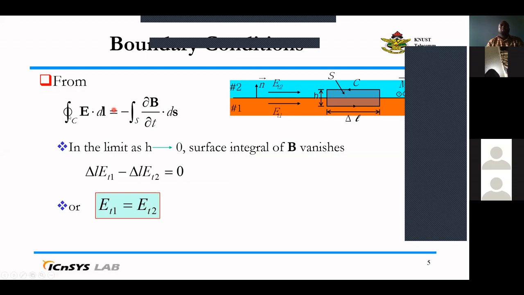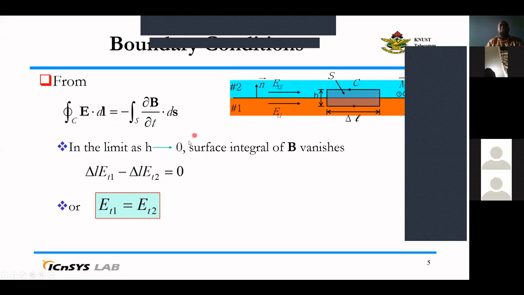Now from the integral form of Faraday's law, we have the integral of E dot dL equals the negative of the surface integral of the rate of change of the magnetic flux density. Since we want to know what happens at the interface, we have to assume that h is very small, approaching 0.